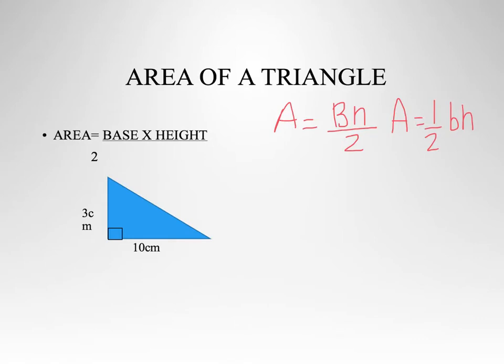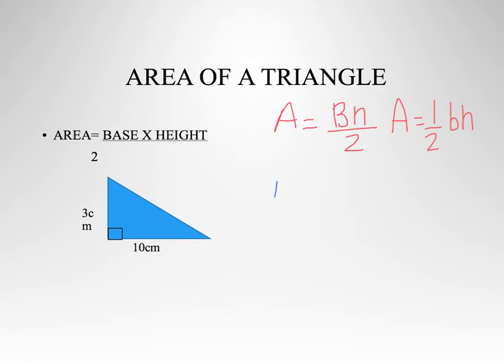I just like to use this first one, because whenever you see fractions, you tend to say, oh, I don't know how to do it, whereas remember, anytime that you're multiplying something by a half, it's the same thing as dividing by 2. So this just looks easier to the eye. It's more pleasing. So let's go ahead and get started.